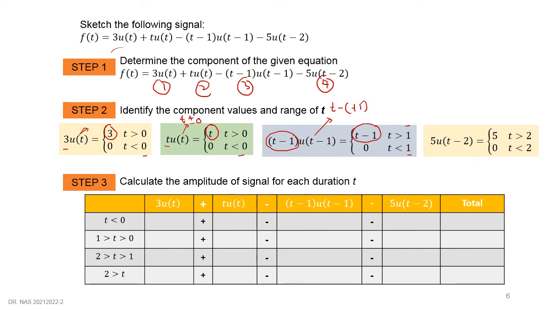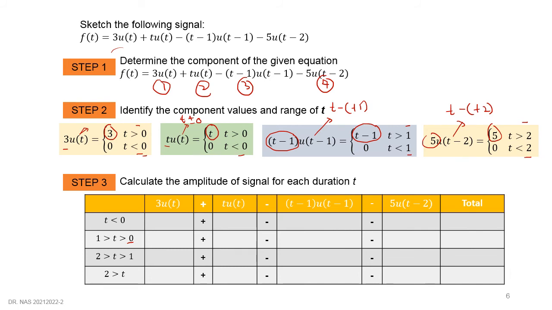And the last one, the maximum amplitude is 5, and the range of t is minus positive 2, so it is less than positive 2 and larger than positive 2. Okay, let's work out the range. You have less than 0 and then larger than 0 but less than the next component.